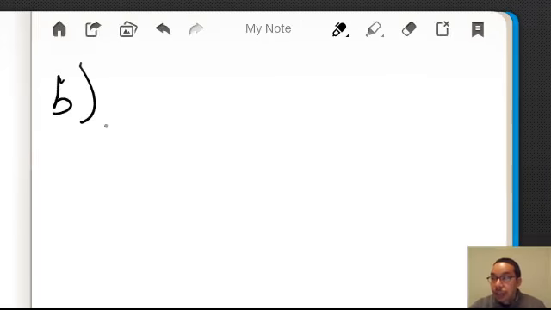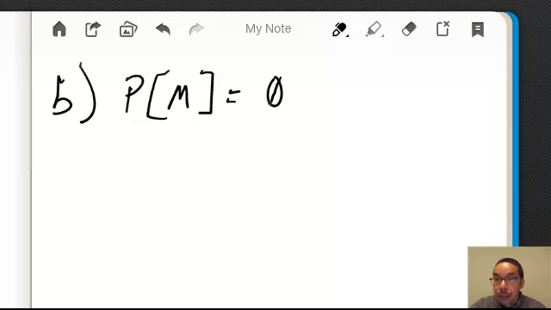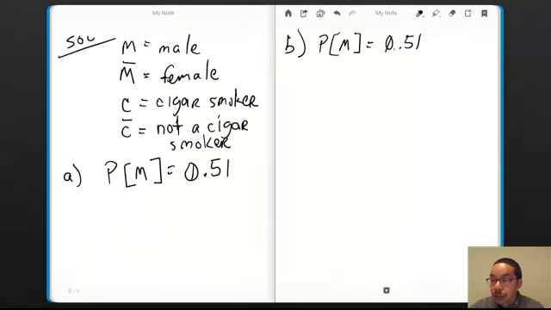Based on the additional information given, we have the following. We have the probability of a male is 0.51. The probability of a female, so M bar, the complement of the male, is 0.49, 49 hundredths.